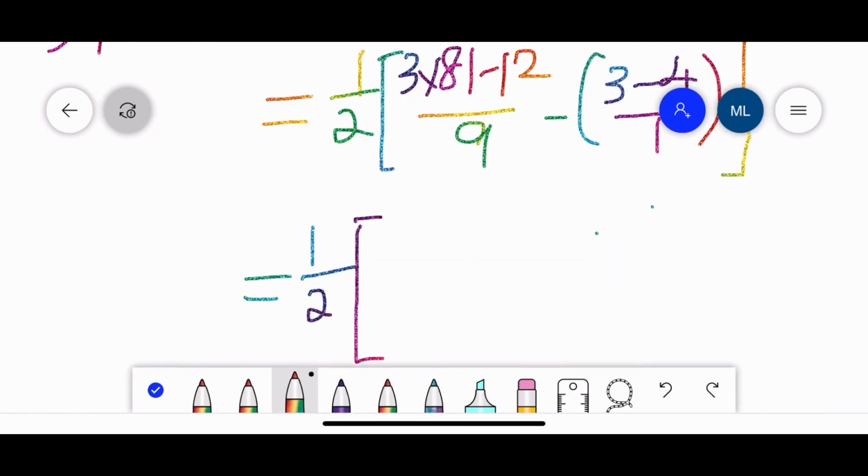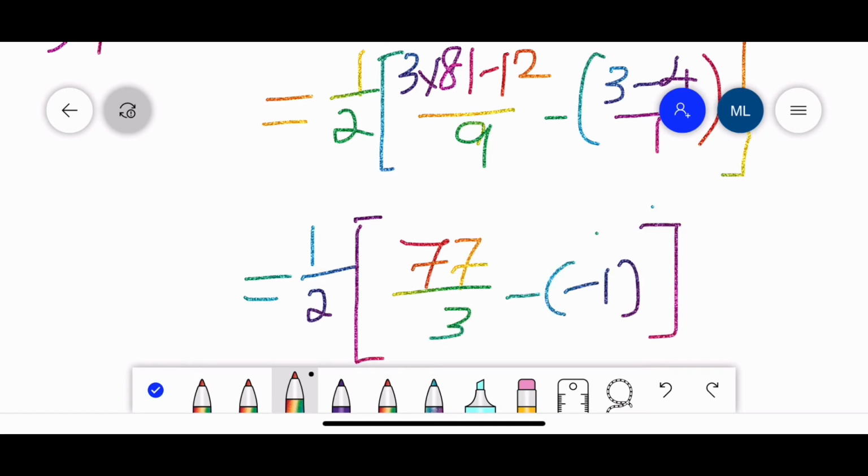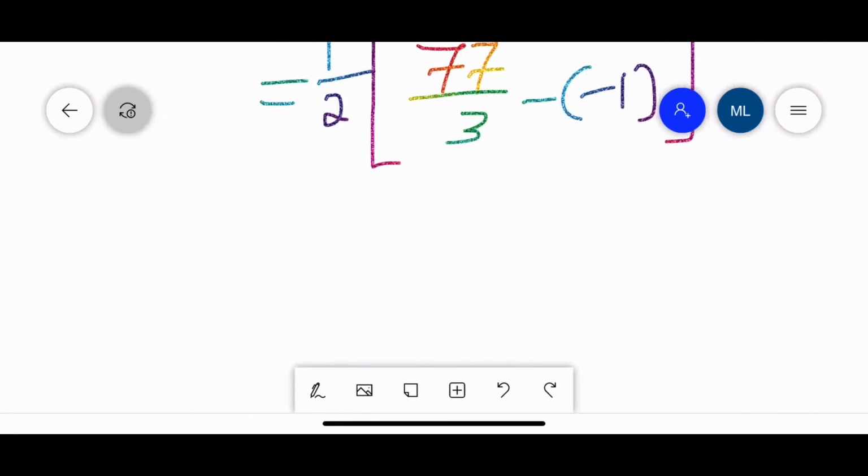So now you simplify carefully, I'm sure you will get the answer. Just remember when you solve, you need to be very, very careful, especially for integration, because it involves minus. When you are careful, you will get the answer without mistakes.